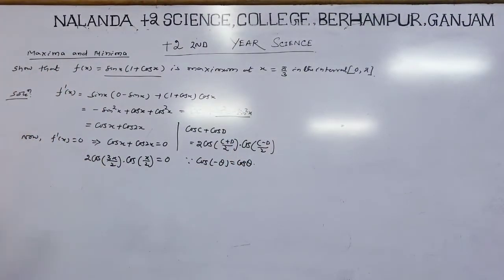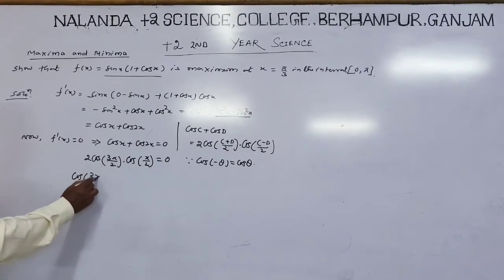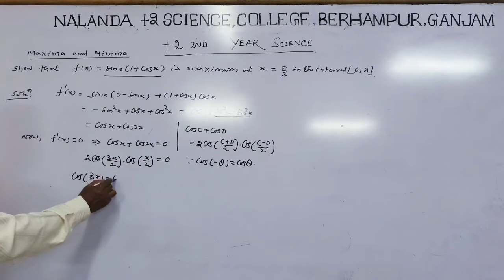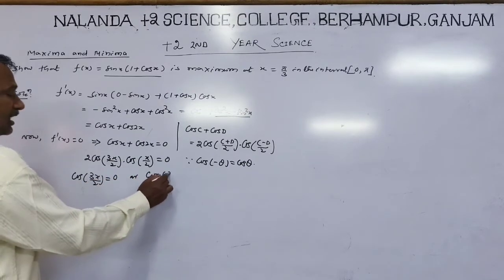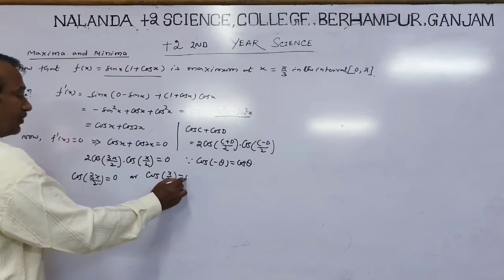Now a into b equals 0. So cos 3x by 2 equals 0, or cos x by 2 equals 0.